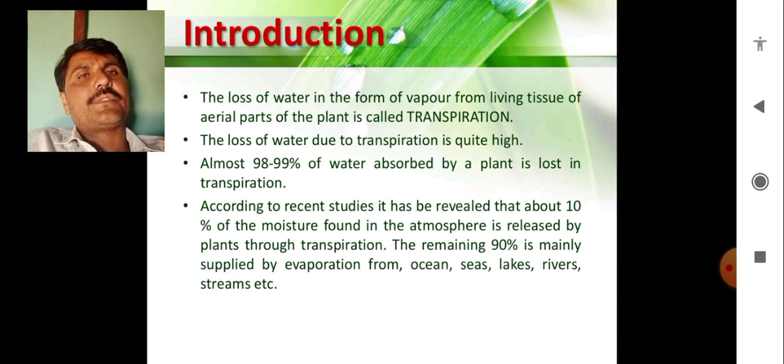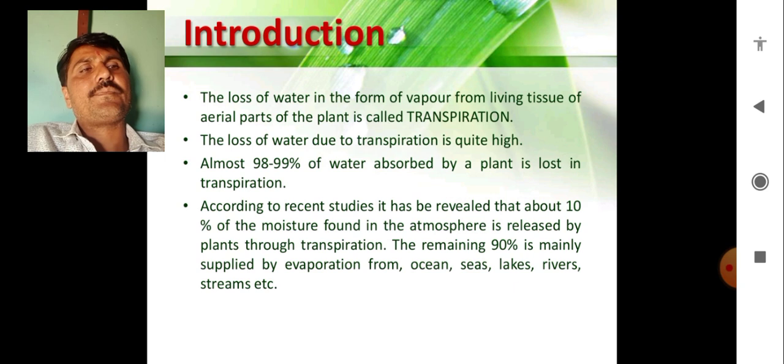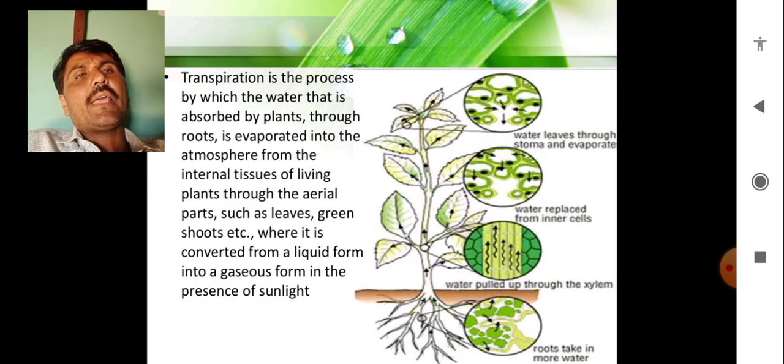Transpiration may also be called the release of water molecules from a plant. It is revealed that about 10% of the moisture found in the atmosphere is released by plants through transpiration, and the remaining 90% is mainly supplied by evaporation from oceans, seas, lakes, rivers, streams, etc.